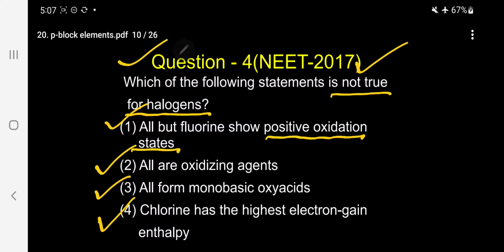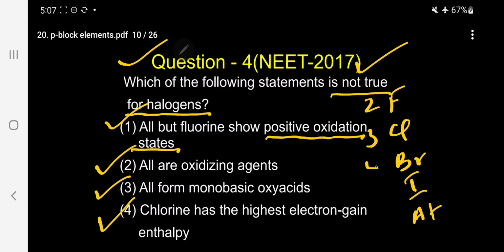Kindly follow. If you take the family of halogens, fluorine, chlorine, bromine, iodine, astatine, this is the family, periods 2, 3, 4, 5, 6. When you study about the family, fluorine has the highest electronegativity, that is 4.